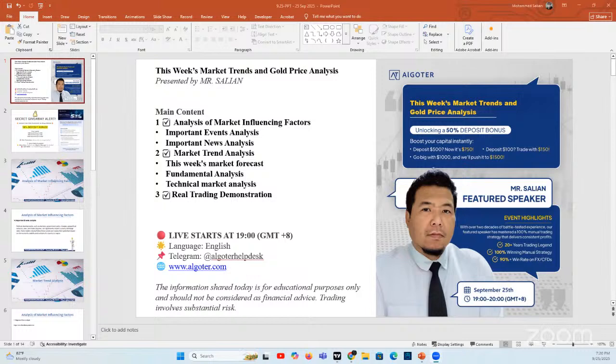But in case you don't know, when they give you a $20,000 account, just like with many trading firms, prop firms, they have rules set already. For example, with Algoter, there is a 5% daily loss.